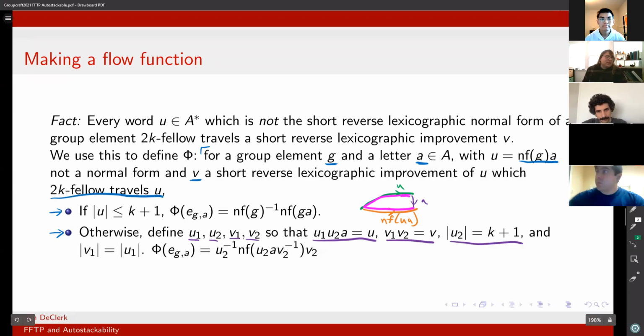Size of u2 is k plus 1, and size of v1 is size of u1. And then what are we going to send that edge a to? We're going to backtrack along u2. We are going to take the normal form of u2 a v2 inverse, and then we are going to go forward along v2.